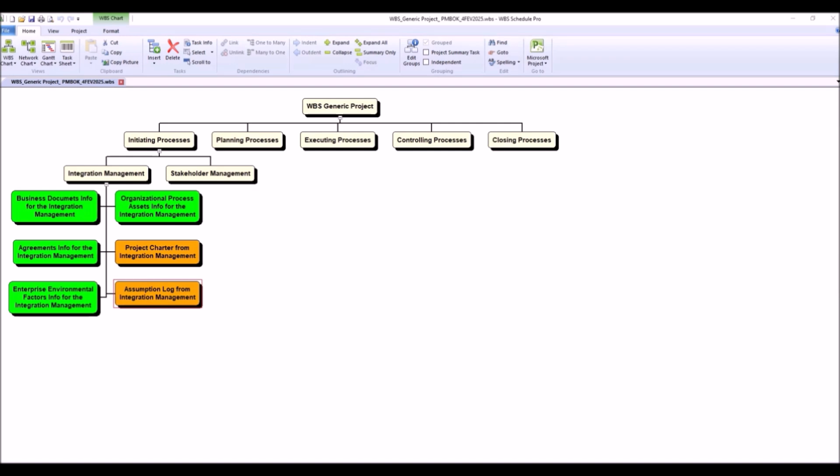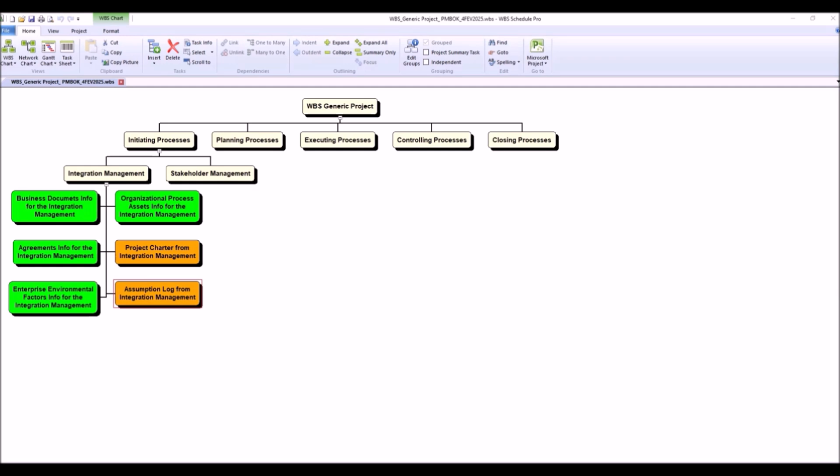The assumptions log is used as an input to other processes, such as define scope, develop schedule, estimate costs, and plan risk management, ensuring that assumptions are considered in all aspects of project planning and execution.